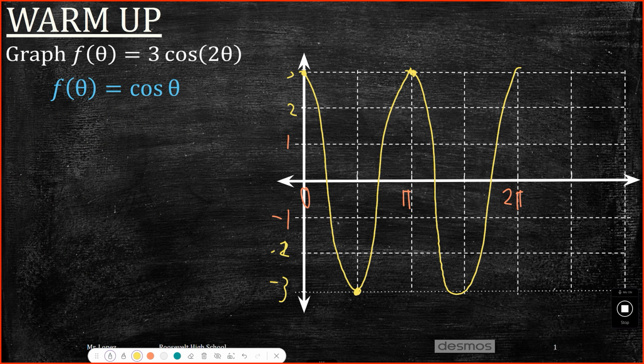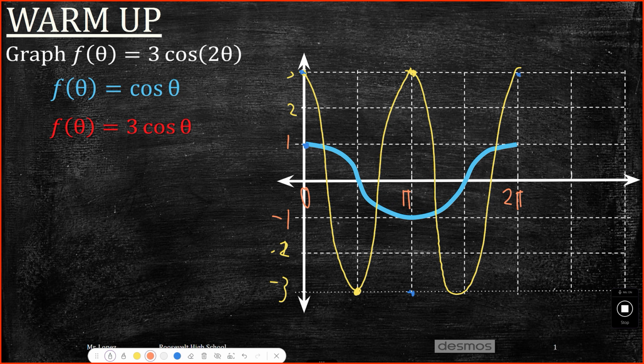It's going to be f of theta equals cosine theta. Let me see if I can get that same color. Oh, there it is. F of theta equals cosine theta would be this, watch. That's the parent function. Look, something like that. It might not be exact, but it's close. Then we're going to go to 3 cosine theta. So to that bird, the end of the wing is going to go all the way to this, and it's going to go all the way to the bottom here and the top here.